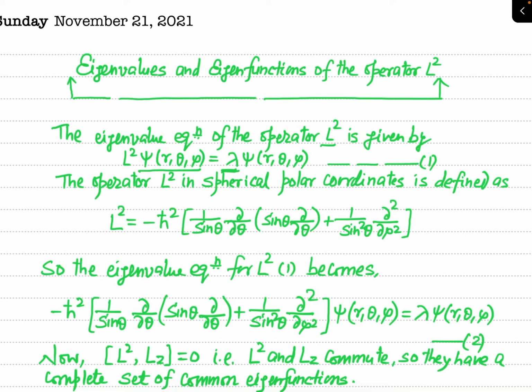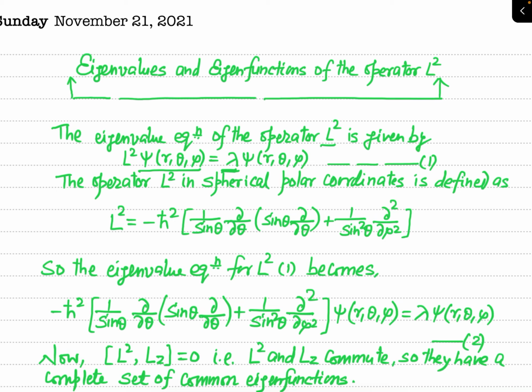To obtain the eigenvalue and eigenfunction of this operator L square, first of all, you have to remember the expression for the operator L square in spherical polar coordinates. As you have studied in the earlier lecture, the operator L square in a spherical polar coordinate system is defined like this. I have already derived this operator in the previous lecture.